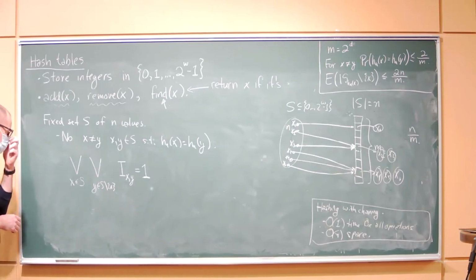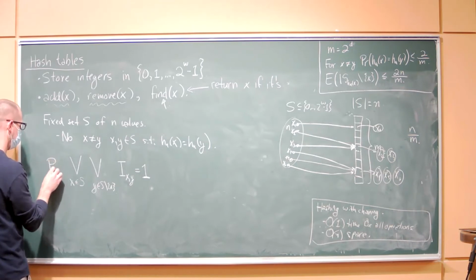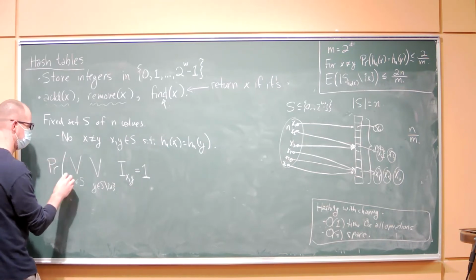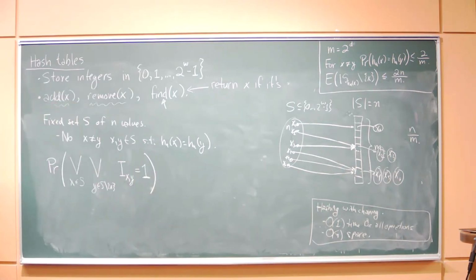And I'm interested in the probability of that. If any two elements of S have the same hash value, then this event is true. So I have the OR of a whole bunch of different events.